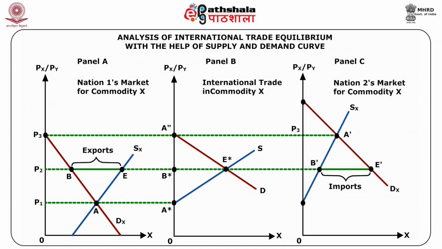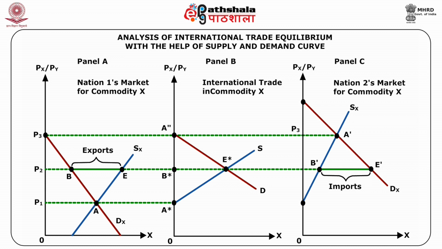Panel 3 shows the supply Sx and demand Dx of commodity X in nation 2 at the world equilibrium price of commodity X. Nation 1 has excess supply of commodity X (BE), whereas nation 2 has shortage of commodity X (B dash E dash) at world price.